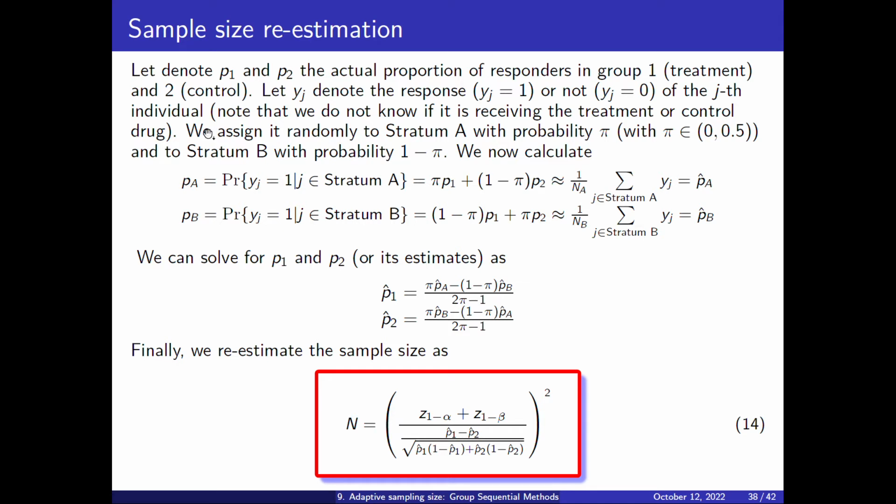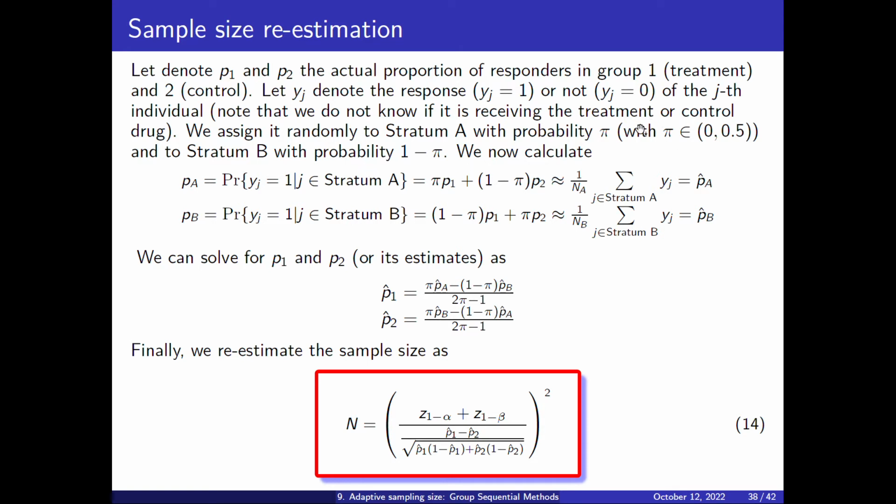And then, because of the double blinding, we do not know if a given individual is receiving the treatment or control, and we assign it randomly to stratum A. So at this point we know that the individual is responding, but we don't know which drug it has been given.